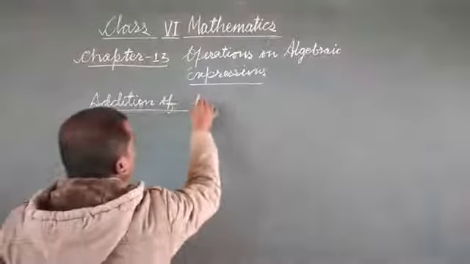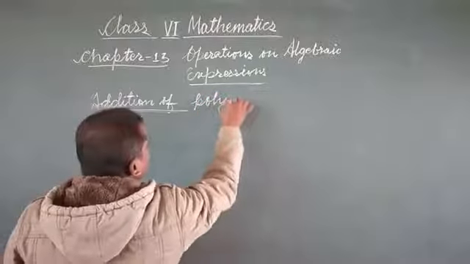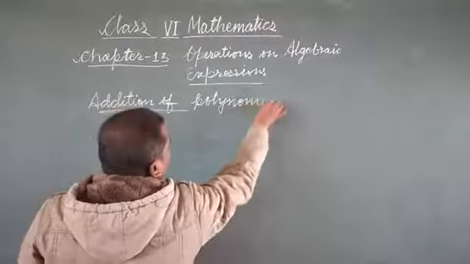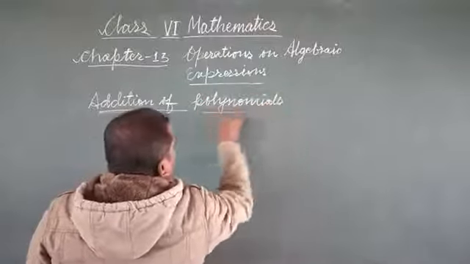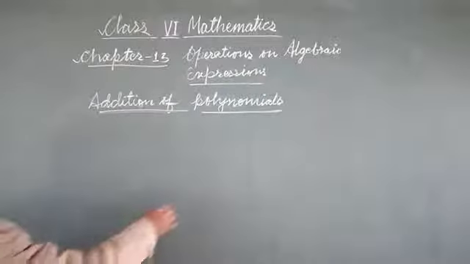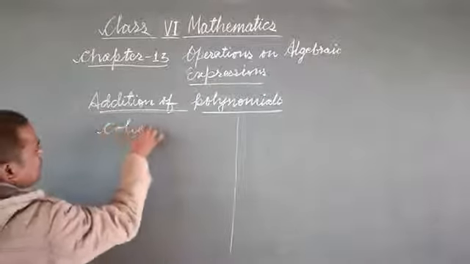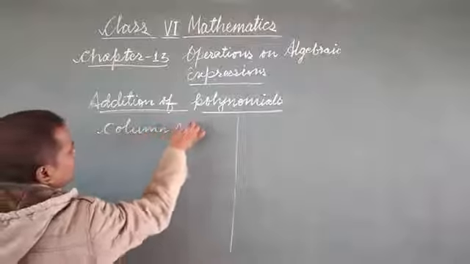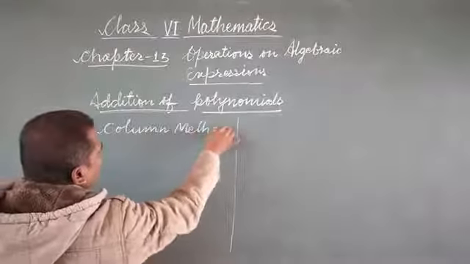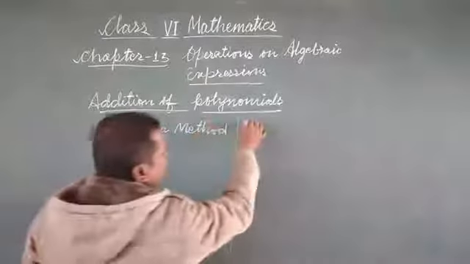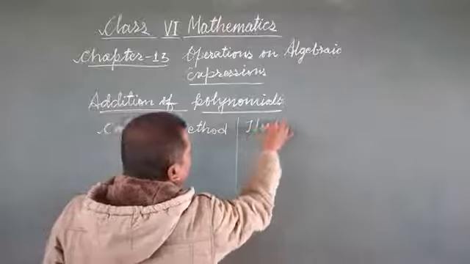Addition of polynomials. Directly I am writing. Here, this time I am writing column method. And this side I am taking horizontal method.